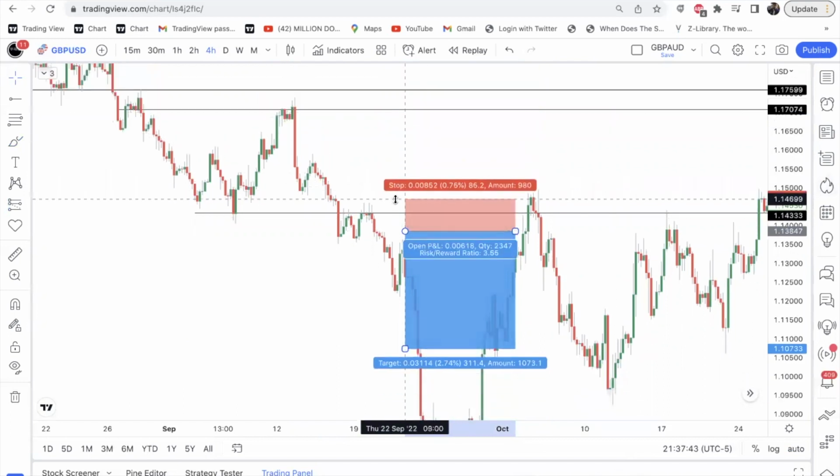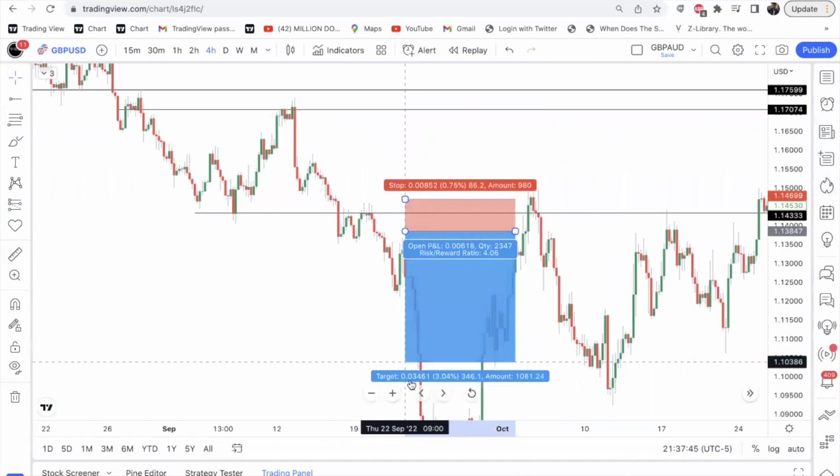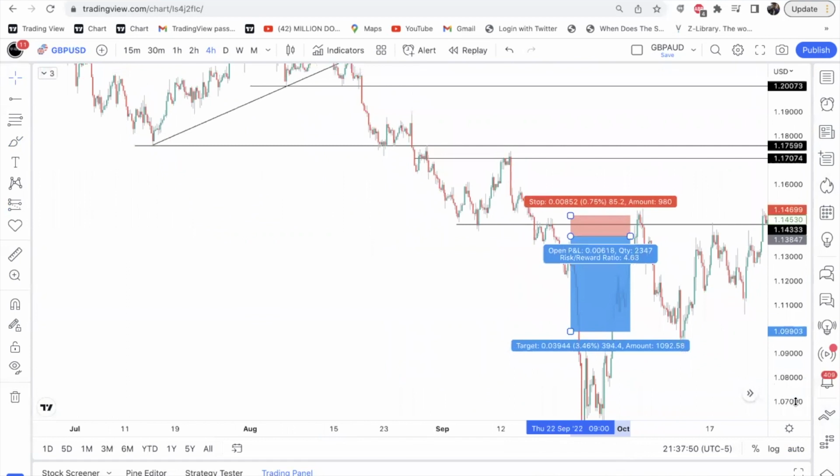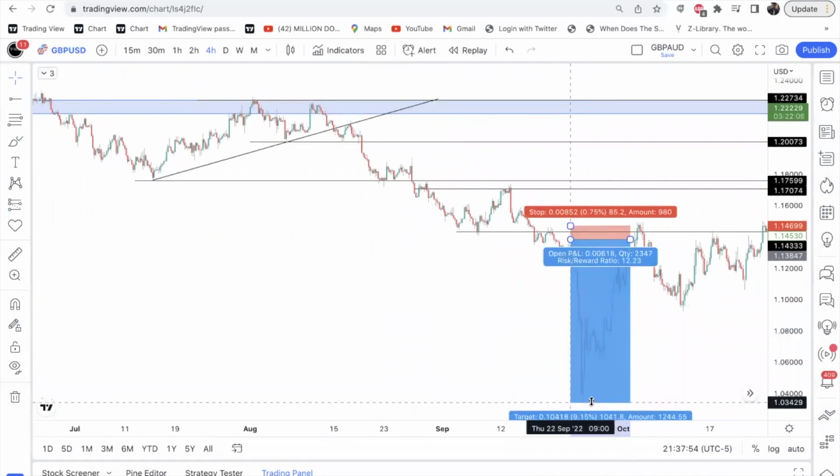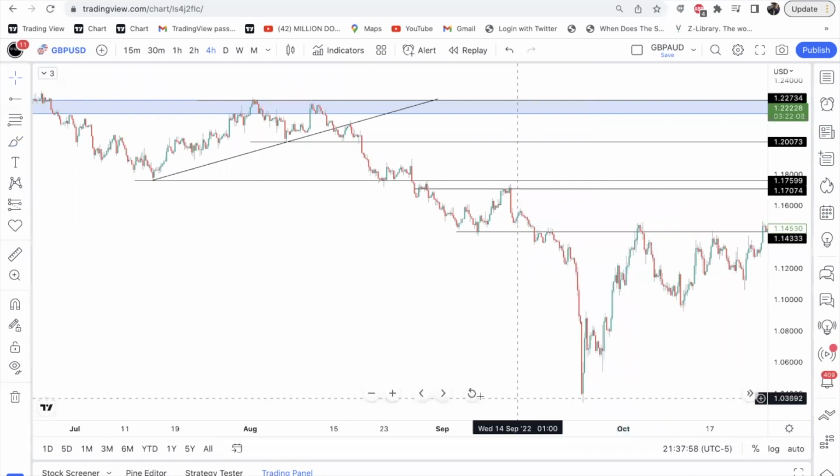Entries. And then after that, man, price dropped big. After that, price dropped over 1,000 pips. Right, so it's all based off of structure.